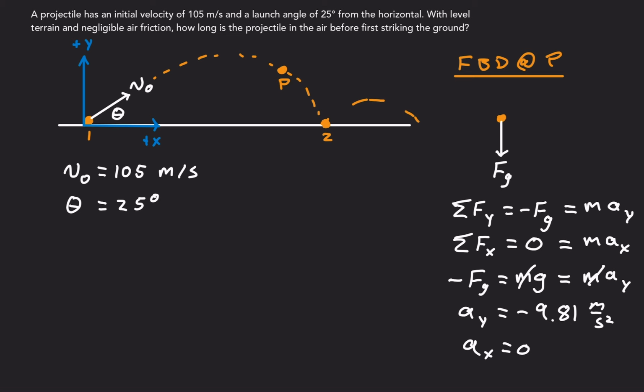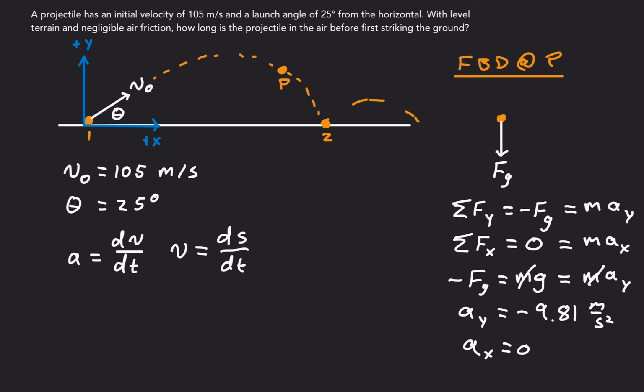Now I went ahead and did the free body diagram analysis first, so we can clearly see in this kinematics problem that we have constant accelerations. Now anytime you're doing a kinematics problem, I advise you look at 3 fundamental expressions. The definition of acceleration, the time derivative of velocity. Velocity is the time derivative of position.